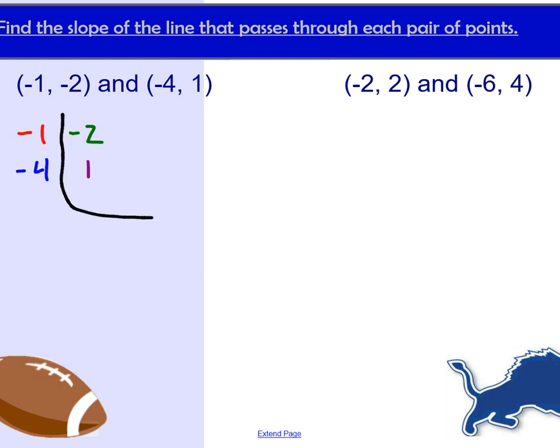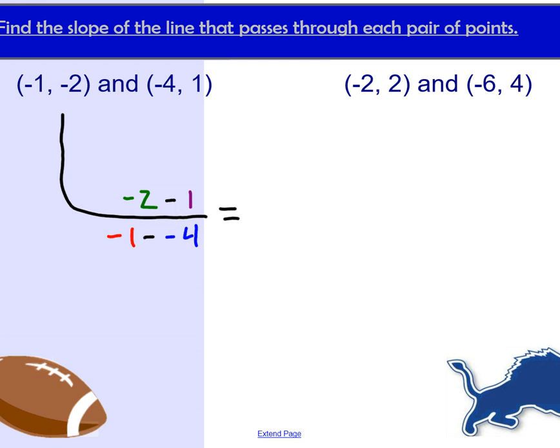Okay. My next step is to slide them. So I slide my 1 down, slide my negative 2 down, slide my negative 4 down. Oops. Slide my negative 1 down. And I cannot forget to put a minus sign between them each and every single time. So I got to put a minus sign no matter what.